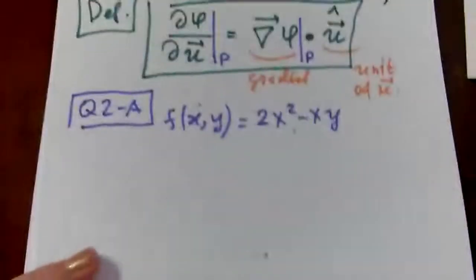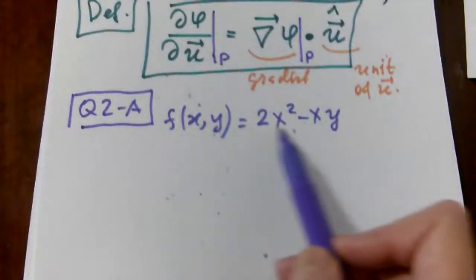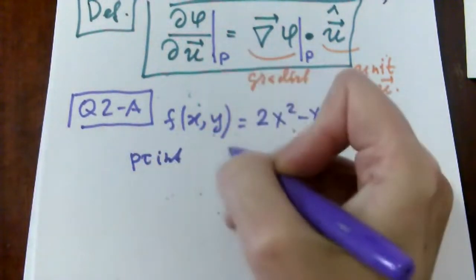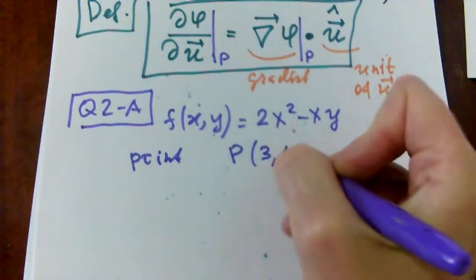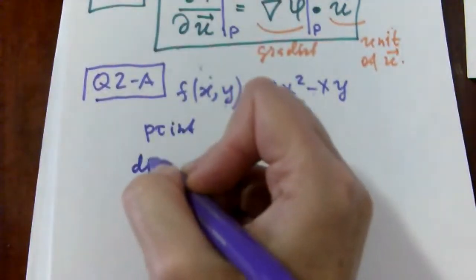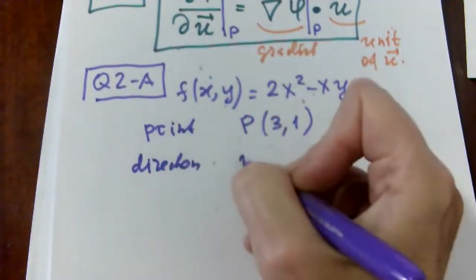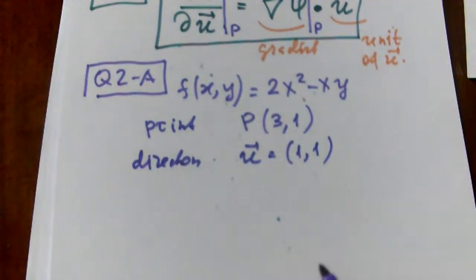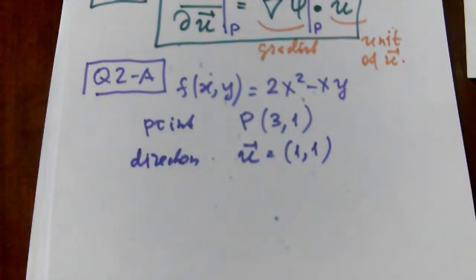Okay, so you're given a scalar field, sorry, a 2D scalar field, and you're also given a point P with coordinates 3, 1, and also you're given a direction u with coordinates 1, 1. And you are asked to find the derivative of our f along this direction.